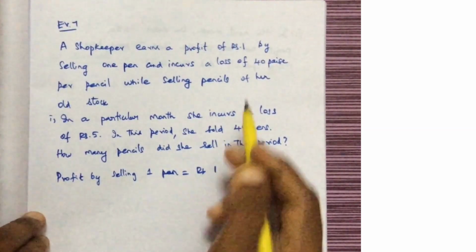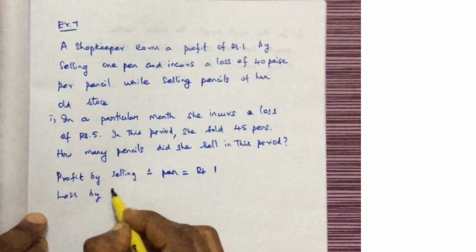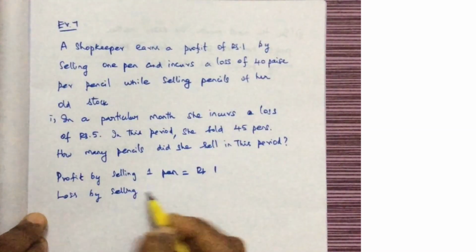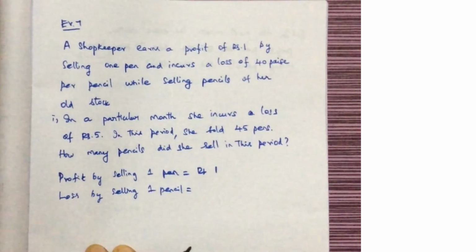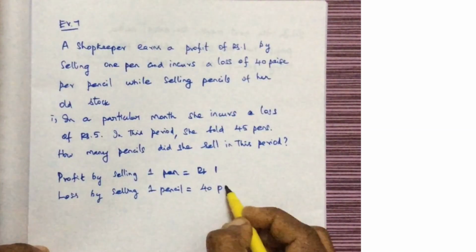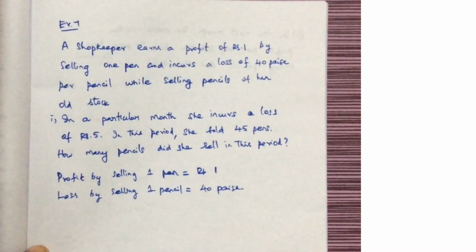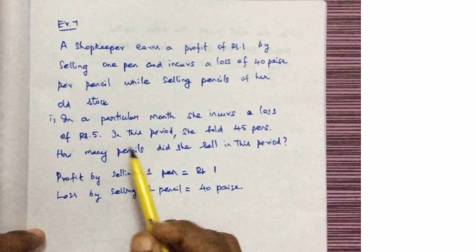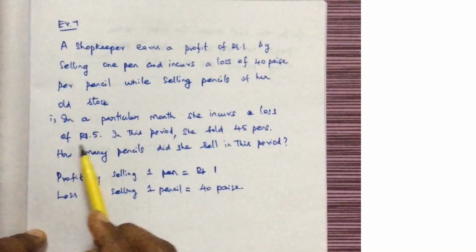Okay. What is the loss by selling 1 pencil? The loss by selling one pencil is 40 paise. Okay, these are the two things given first. Now coming here, in a particular month she incurs a loss of rupees 5.